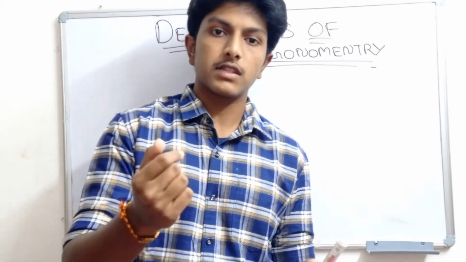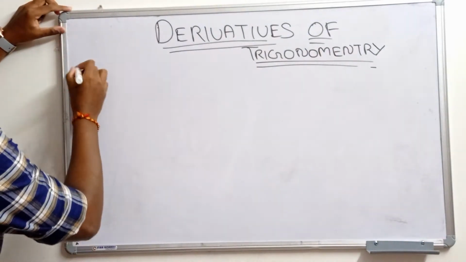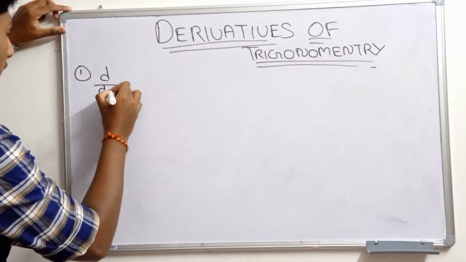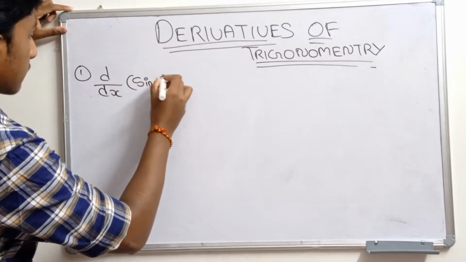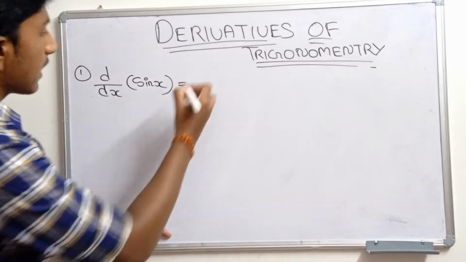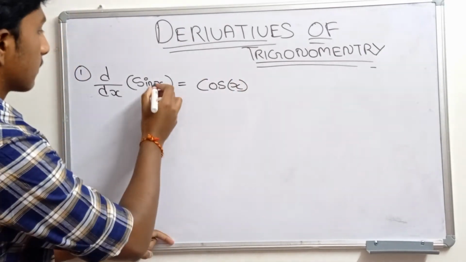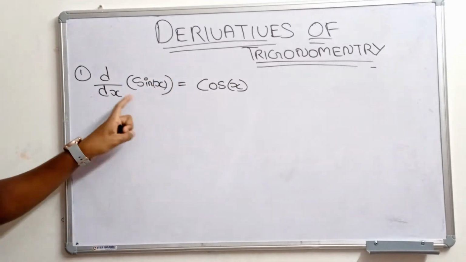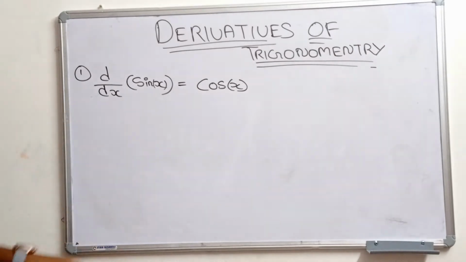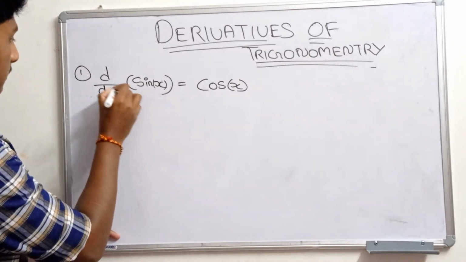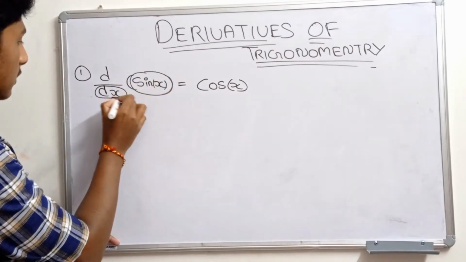Okay guys, shall we start? The first formula is d by dx of sin x. When you differentiate sin x with respect to x, you will get cos x. Here this means you are differentiating the given term with respect to x.